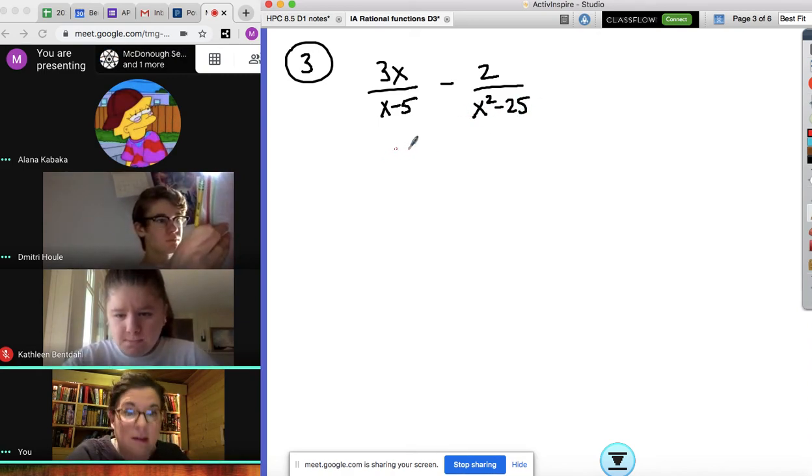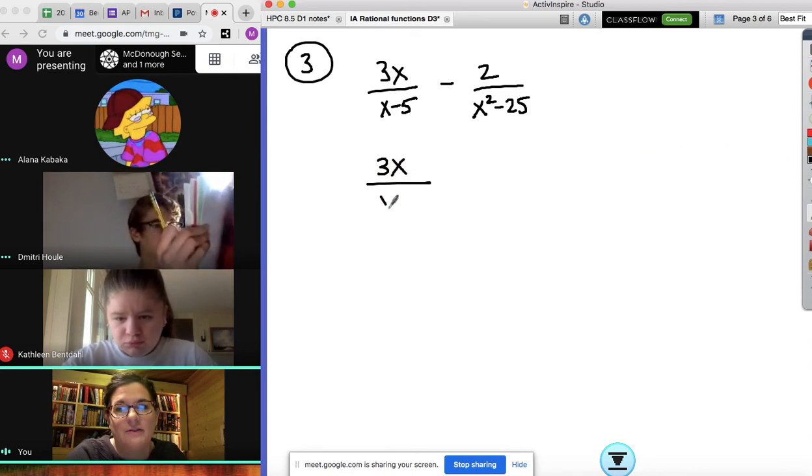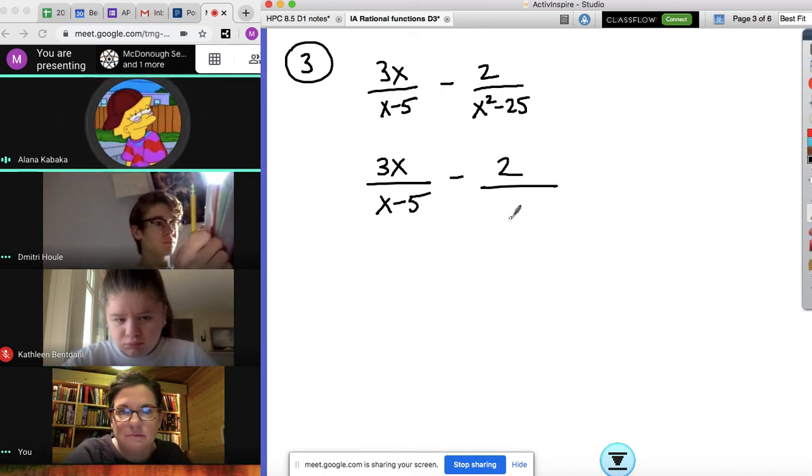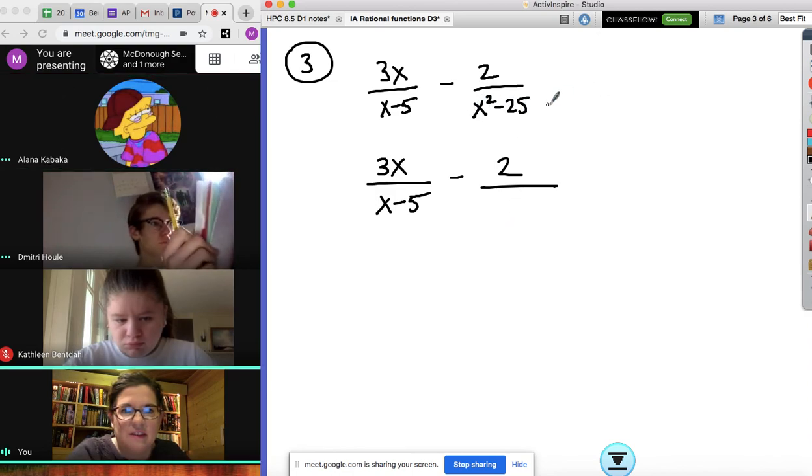But what you got to remember is back to when we were learning how to factor stuff. The bottom of this fraction factors. So this is difference of squares.